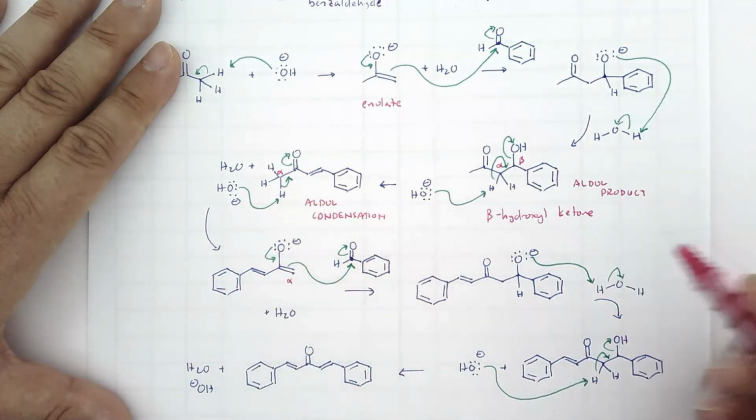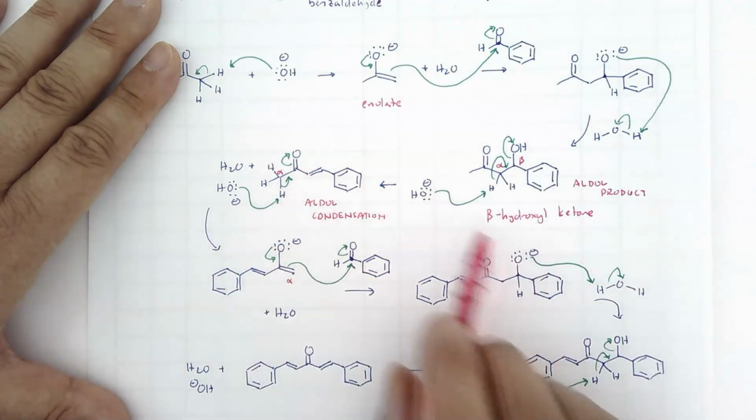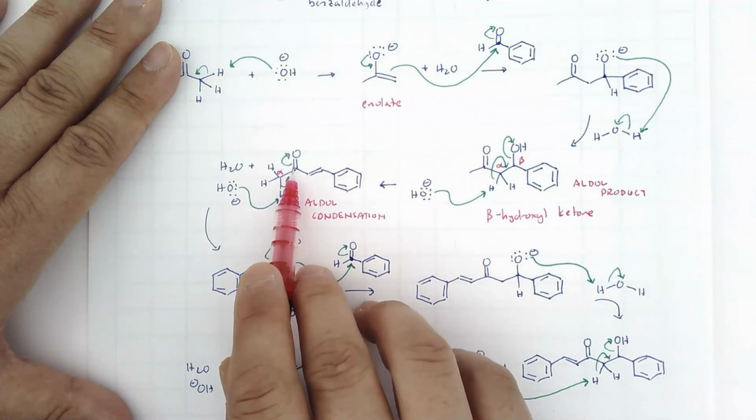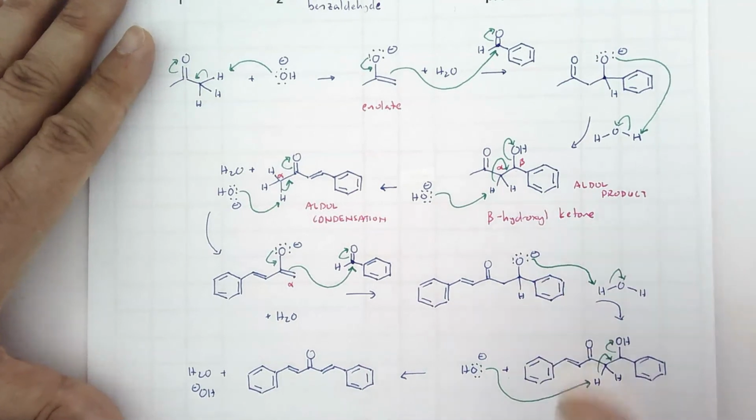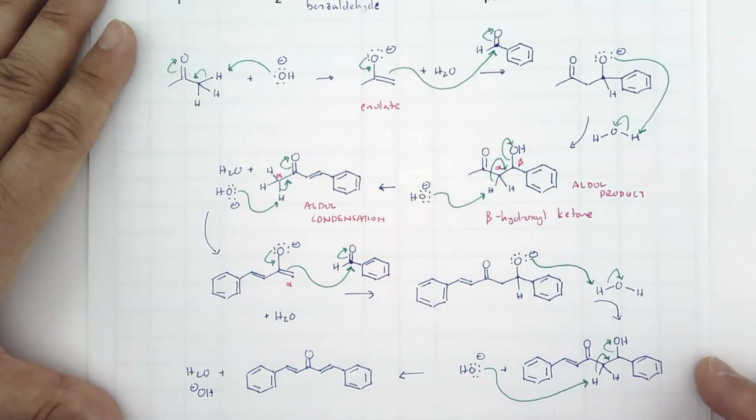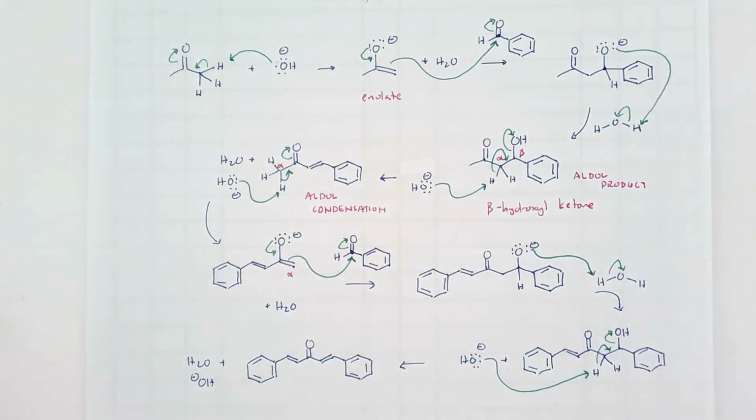So the driving force is to make this double bond because it's conjugated between the carbonyl and the benzene ring. You do not need heat in this particular case. Okay, that is the synthesis of dibenzyl acetone.